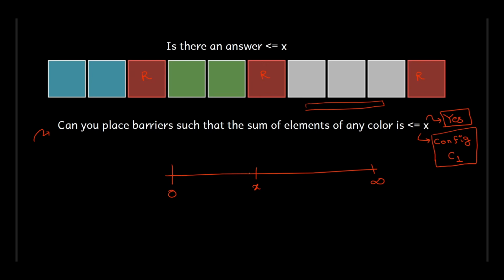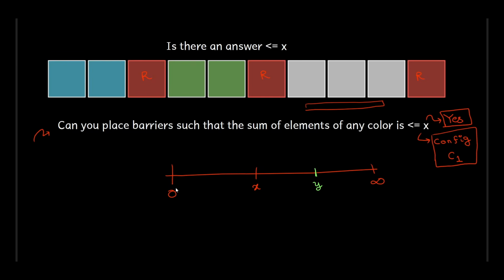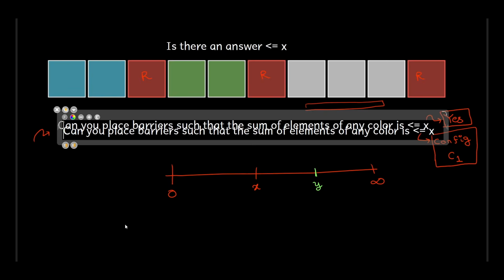Now if you have this answer, is there a way to place barriers such that the sum of elements of any color is less than or equal to x? Now if I ask you another question where I take this number y on this number line, over here, and I ask you the same question, but this time I replace x with y.